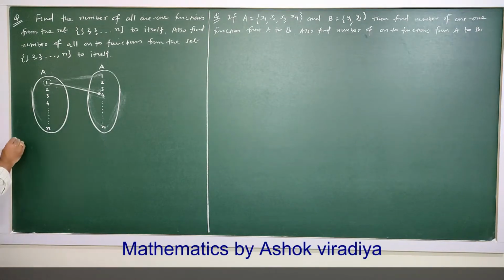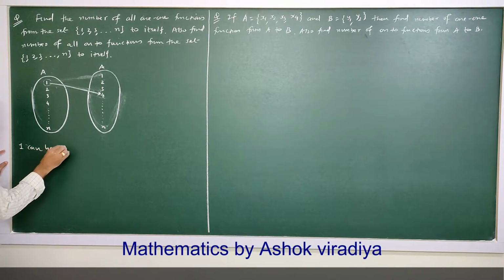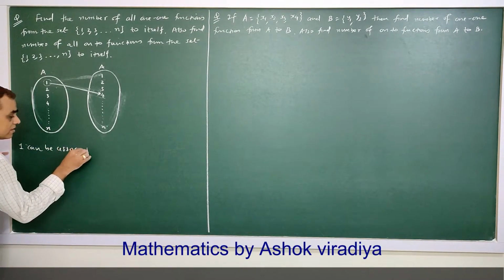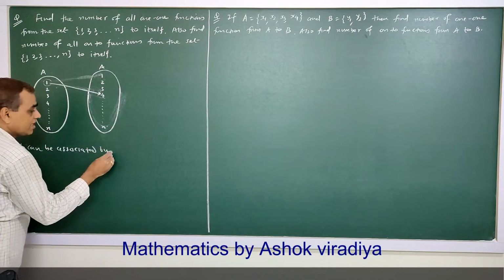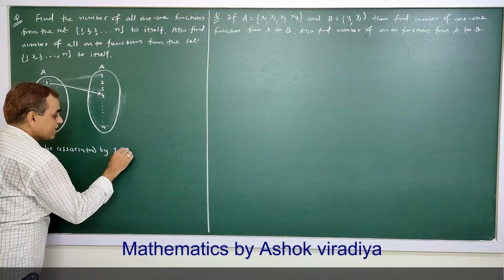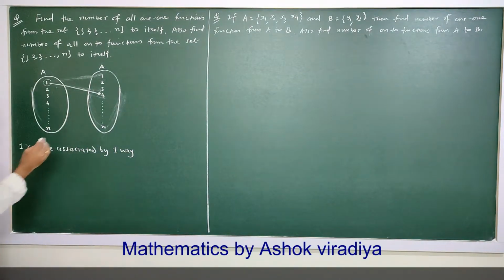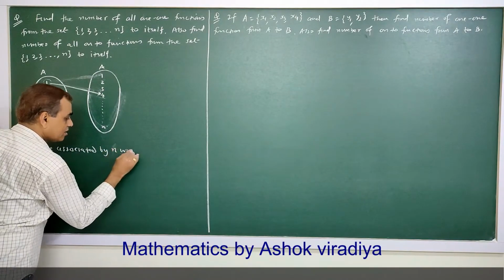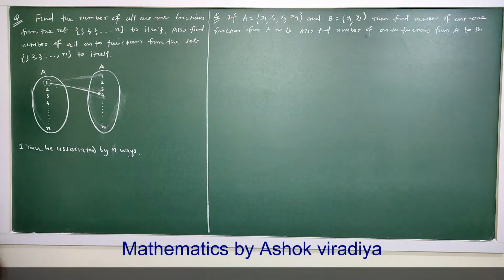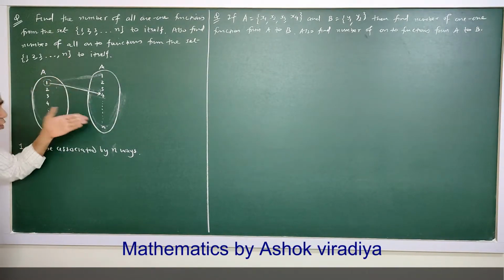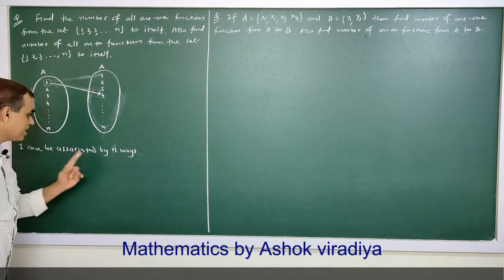So 1 can be associated in n ways. This can be joined with 1, it can be joined with 2. So for 1 there are n choices.